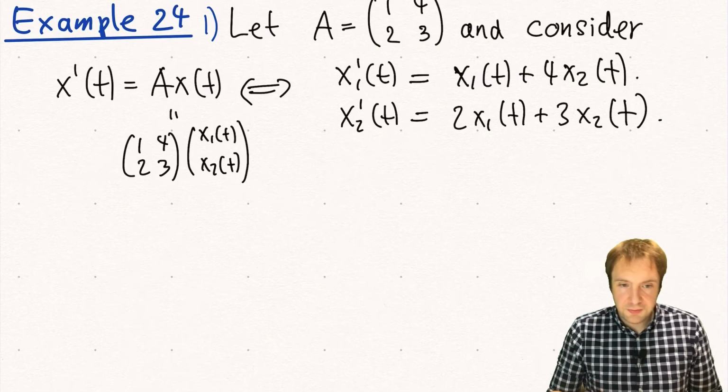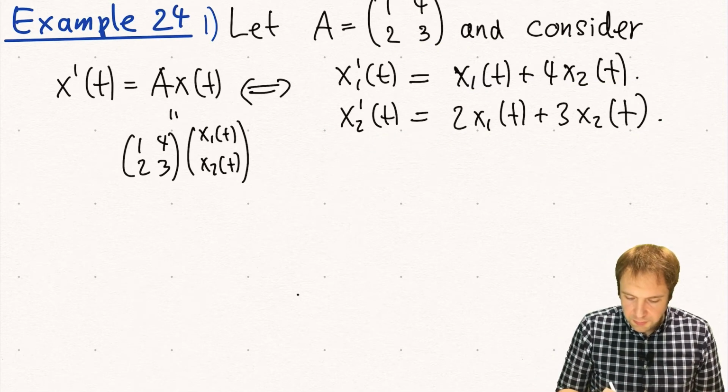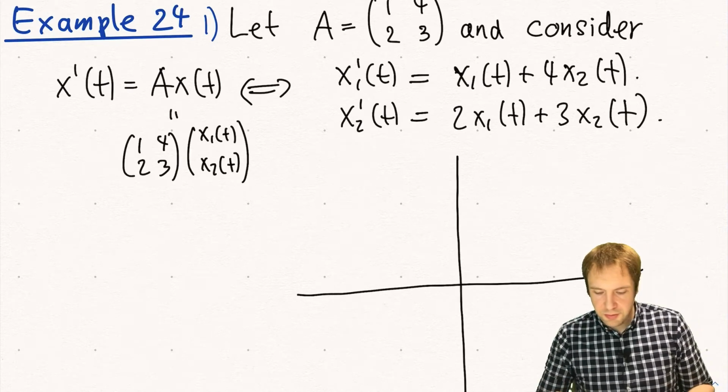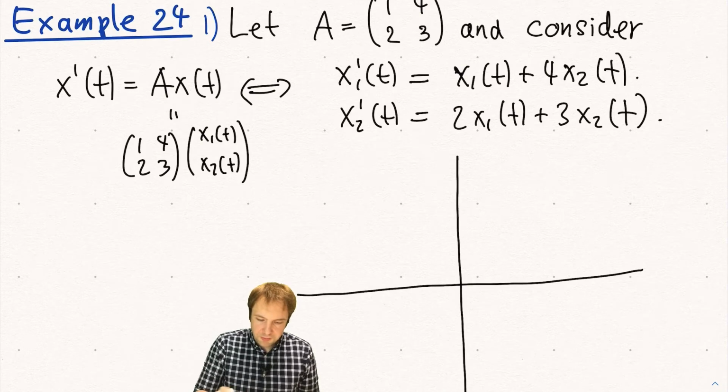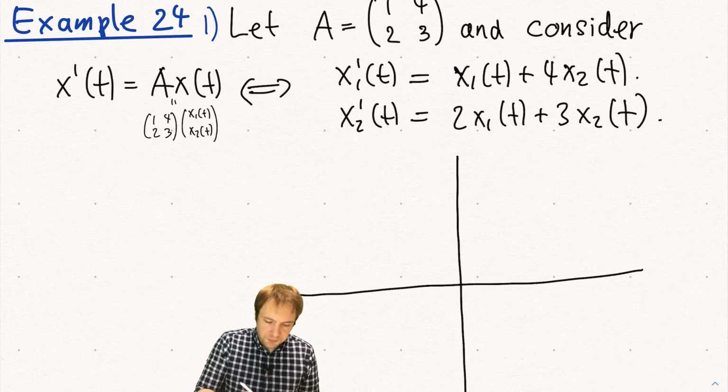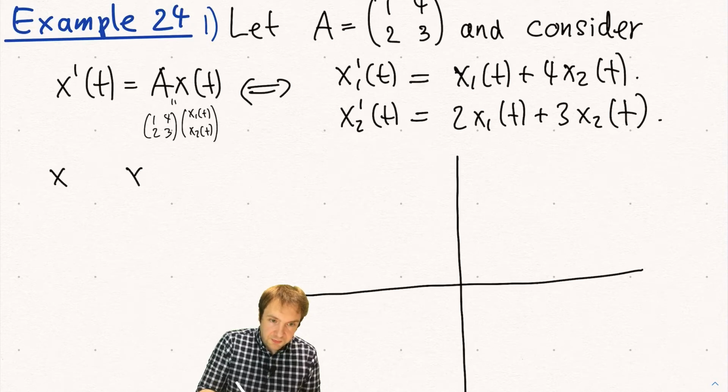But now first let's do this drawing example. So let's say this is R2, and now maybe let's do a table with different values for x and for x prime.